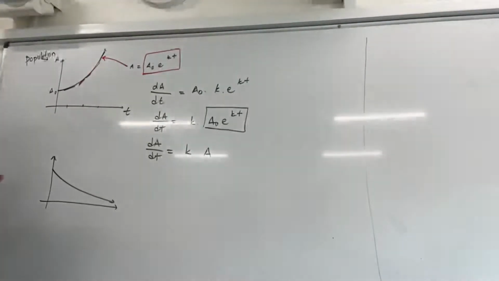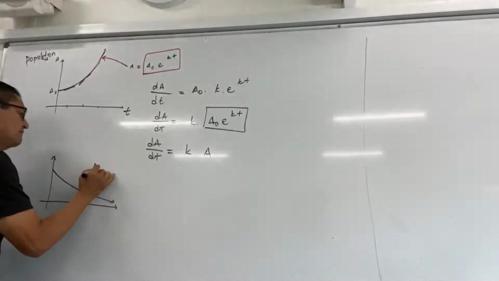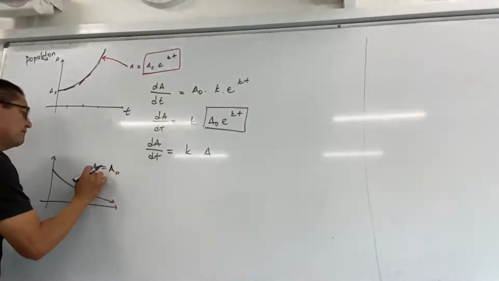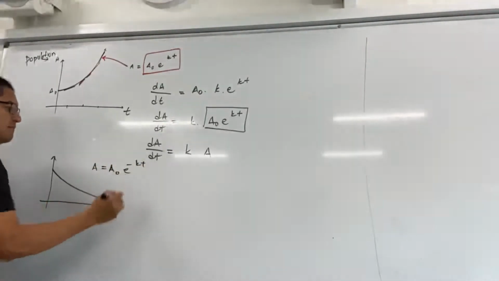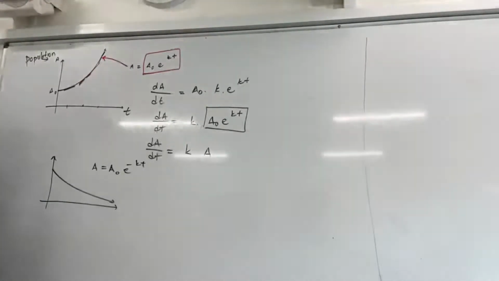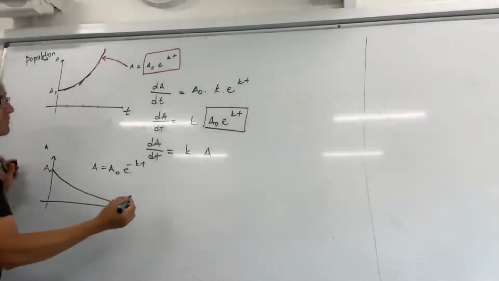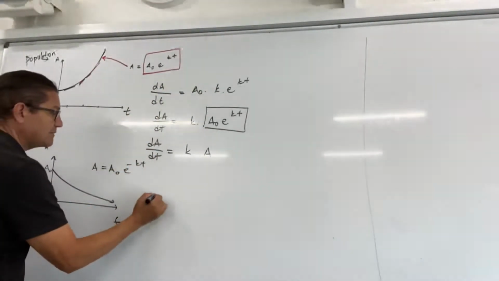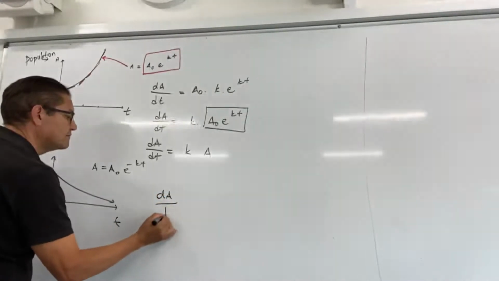Now this here is this. That's A0, that's A, that's t. And in exactly the same way, we would do exactly the same thing, but we would get this.